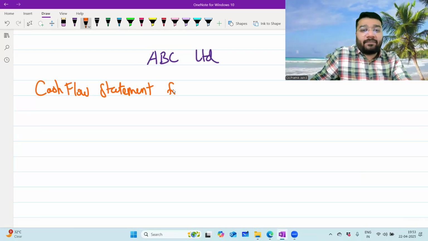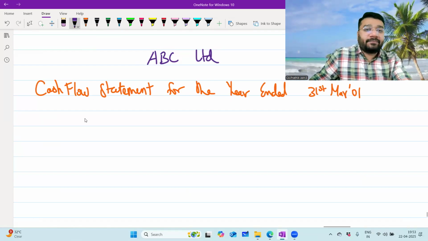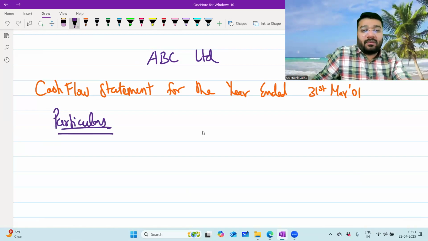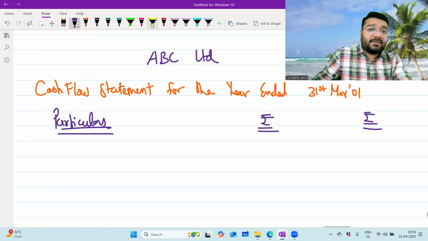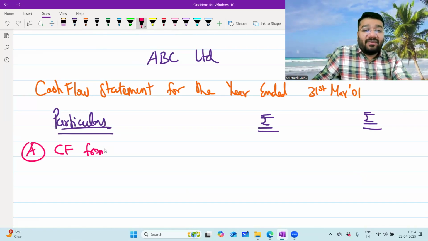Cash flow statement for the year ended 31st March 2001. Particulars, rupees. Cash flow from operating activity.